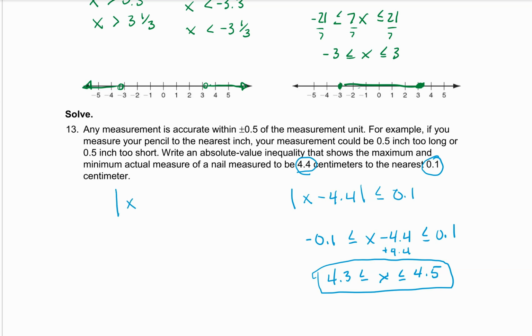So it's going to be x minus the target, absolute value, has to be less than or equal to the variability. That means your plus or minus value. So they might say plus or minus 100.